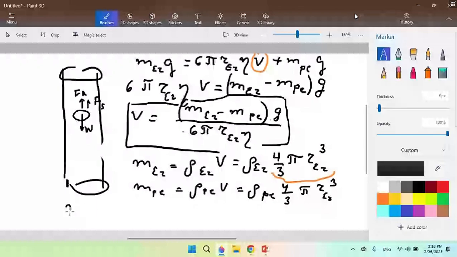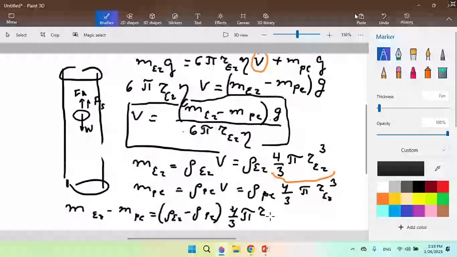Mass of erythrocyte minus mass of plasma is, so this minus this, we've got density of erythrocyte minus density of the plasma, and then 4/3 pi erythrocyte radius power 3.